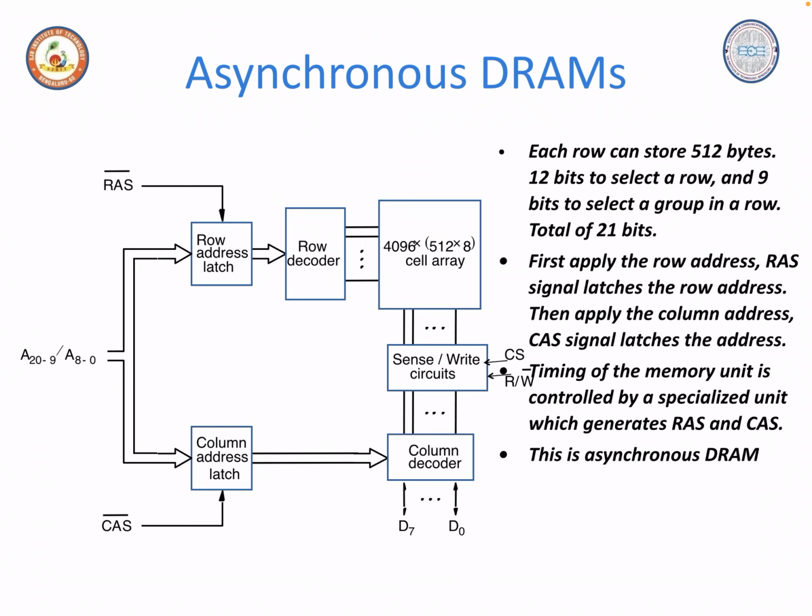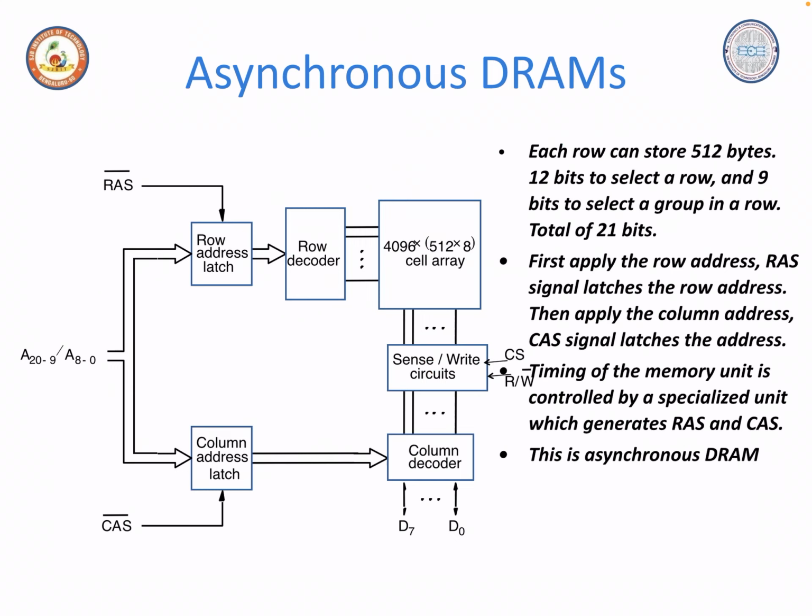The address of 4K cross 512 can be addressed as a lower address and higher address. The lower address they were dividing as rows, and the higher address they were using for columns.